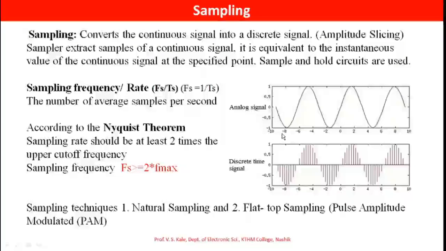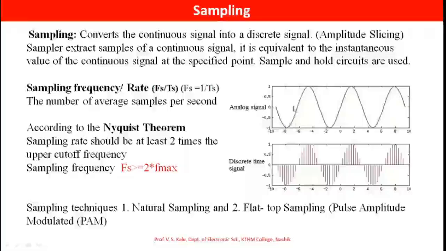Now see the figure. First one is analog signal. Here analog amplitudes are shown, -1 to +1. This is a continuous signal, time varying signal. The same signal, after sampling, the samples are taken.